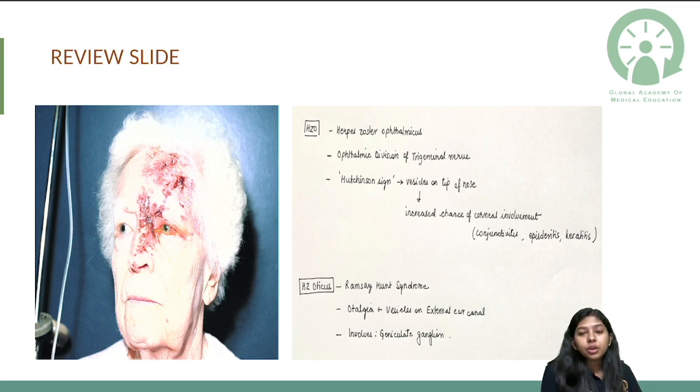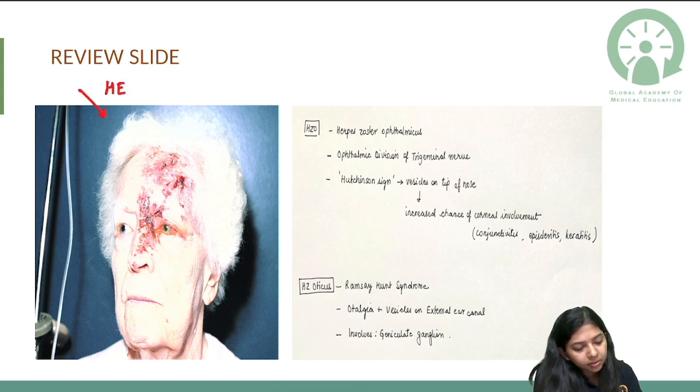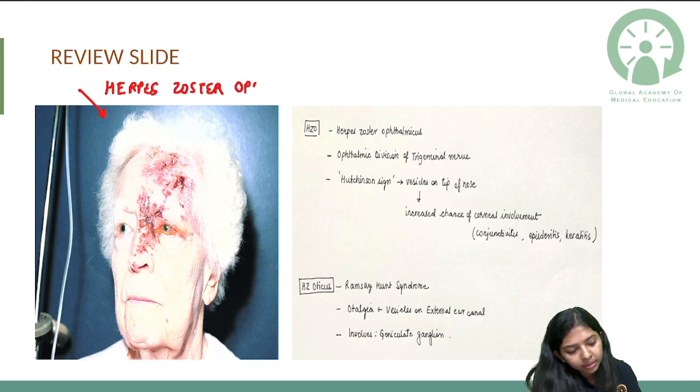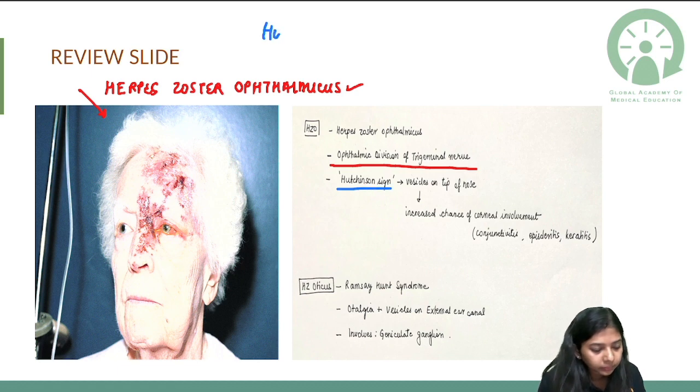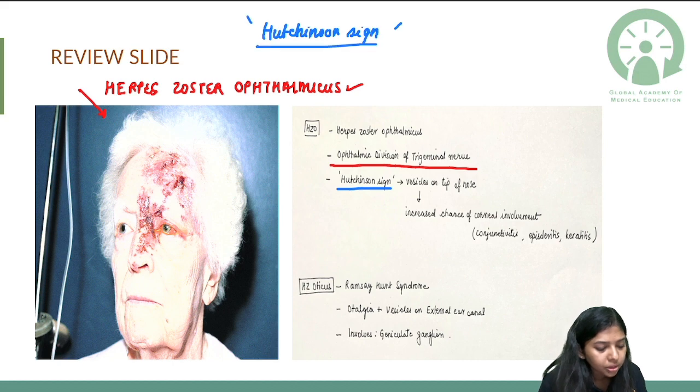See, two complicated herpes zoster conditions you have to remember. One is herpes zoster ophthalmicus. Now this involves the ophthalmic division of the trigeminal nerve. And what is one sign that is associated with herpes zoster ophthalmicus? It is Hutchinson sign.